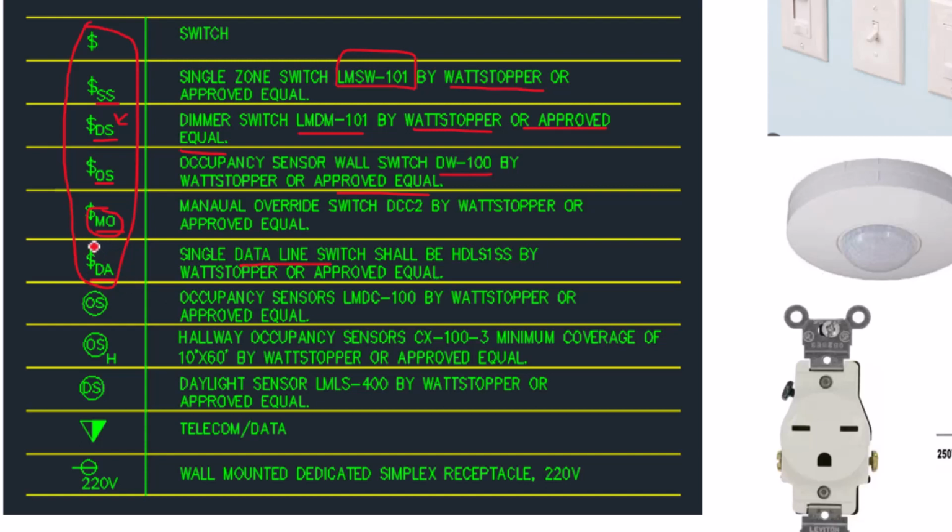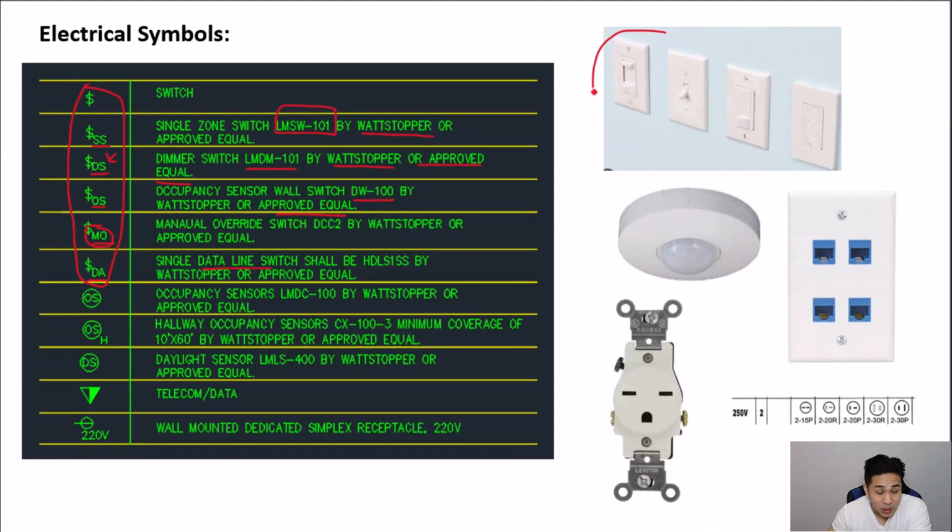So there are various different types of switches that you can use, and depending on the particular switch that you want to use for your project, you could denote it with a couple letters, and then in the symbol list, you can describe what that switch represents. And again, these are typical switches you see here. You can see this is a plain on-off switch.